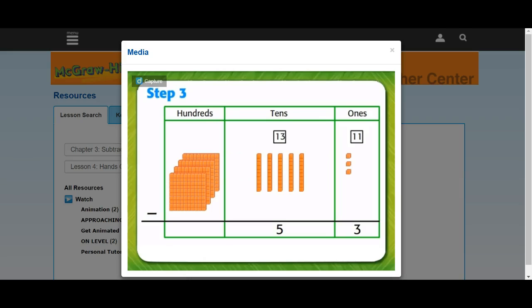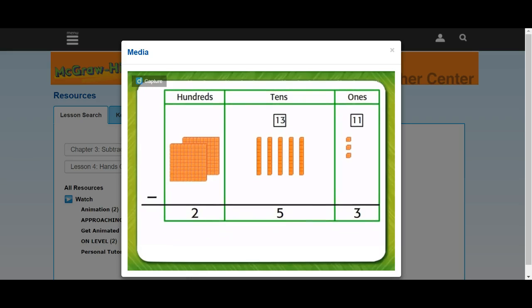Finally, look at the hundreds. Can we take 2 from 4? Yes, we can subtract 2 from 4. 4 minus 2 equals 2. There are 2 hundreds. So 541 minus 288 equals 253.